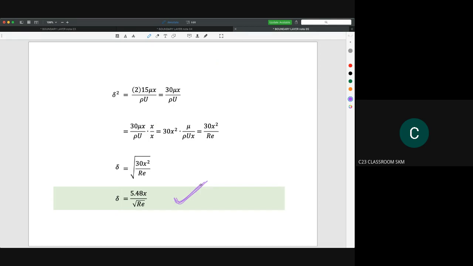If you say that delta is equal to the square root of 30 mu x over rho u, actually your answer is correct, but you still did not get your final marks, because this is not the final answer. So please make sure that you convert your answer into the Reynolds number.